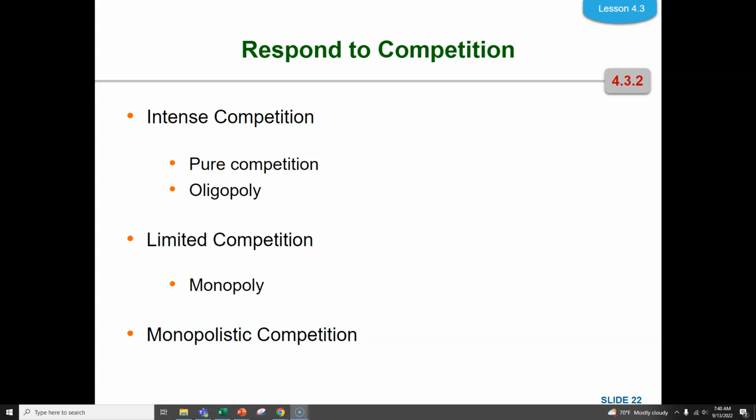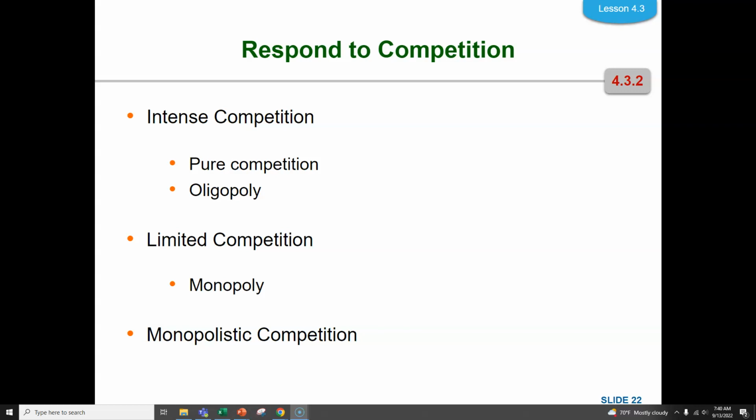And then oligopoly is like there are a few very strong players. So even now the cell phone industry is kind of that way. There are 3 or 4 main people who do it, like Verizon and T-Mobile and AT&T. So it's not like you have a huge choice of people. There are 3 main ones. So those are the ones for intense competition.